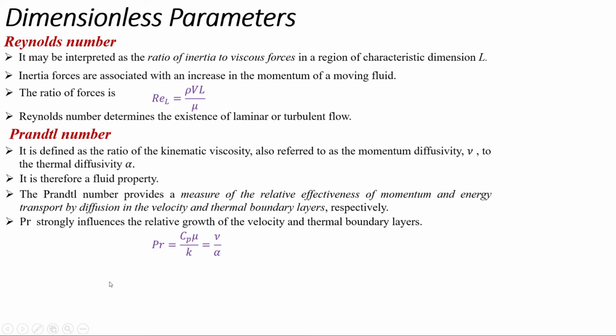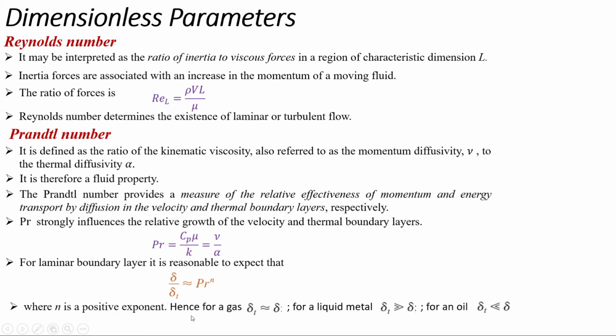Prandtl number influences the relative growth of velocity and thermal boundary layer, and for laminar boundary layer it is reasonable to accept that delta over delta T is equal to Prandtl number power n, where n is any positive integer. So the ratio of velocity and thermal boundary layer is equal to Prandtl number power n.